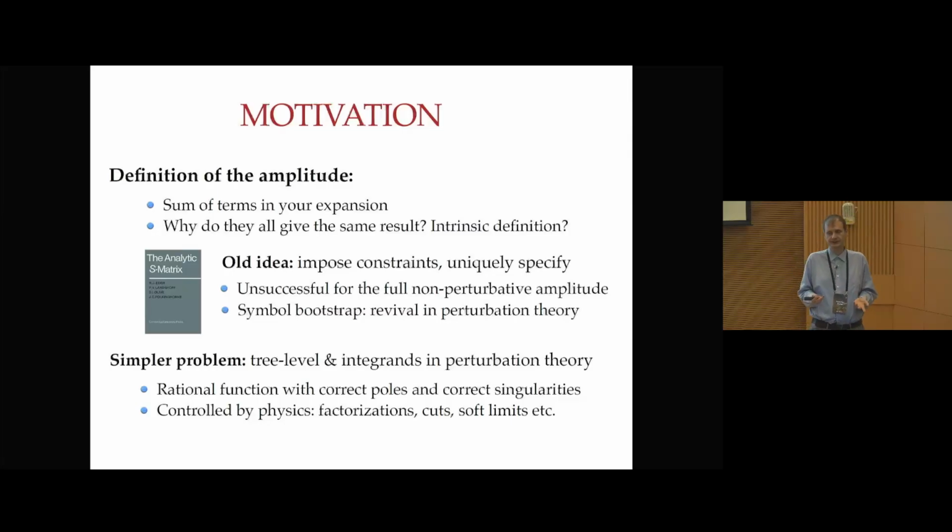These will be rational functions of kinematics. They will have poles, singularities, and they have to satisfy some physical conditions, what they do on these poles or singularities. They have to factorize, there are soft limits, collinear limits, and other conditions.